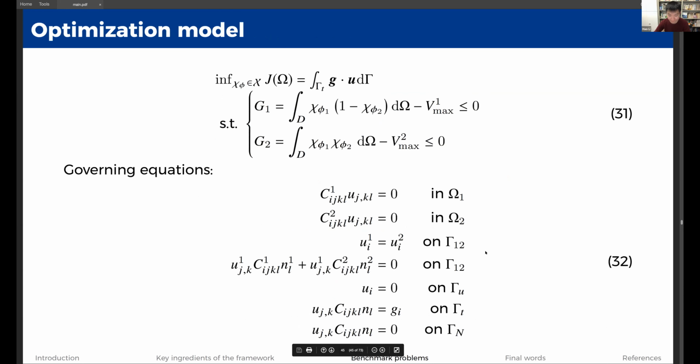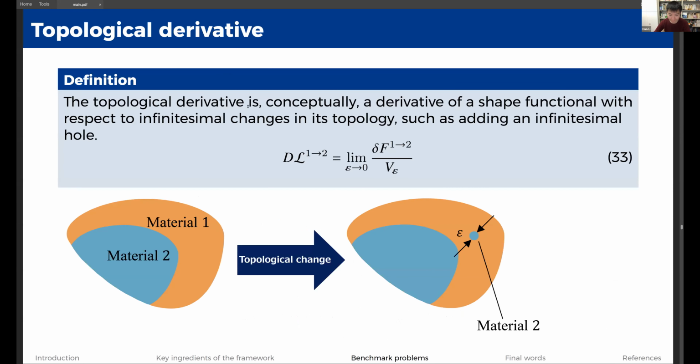Okay, so the first test case is a mean compliance problem. We have volume constraints for each material phase, and the governing equation is the Lamé system, very classical. To do the sensitivity analysis, in our study, we are using a special derivative, which is called the topological derivative.